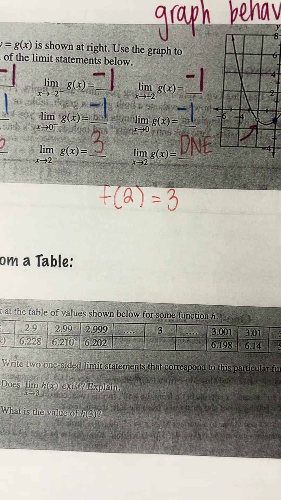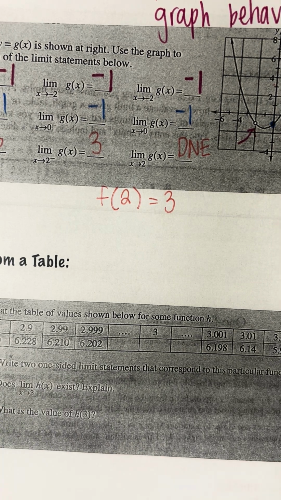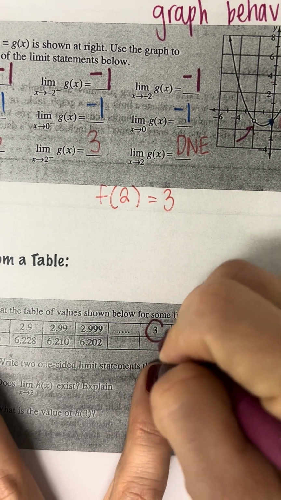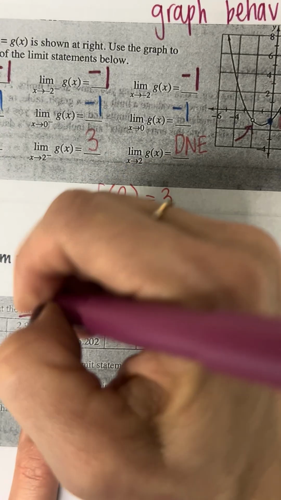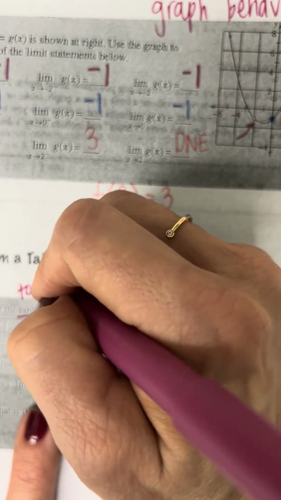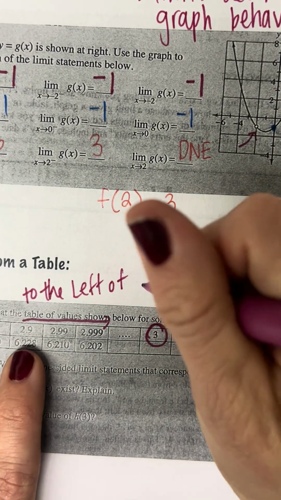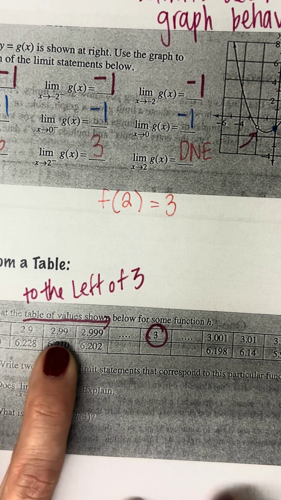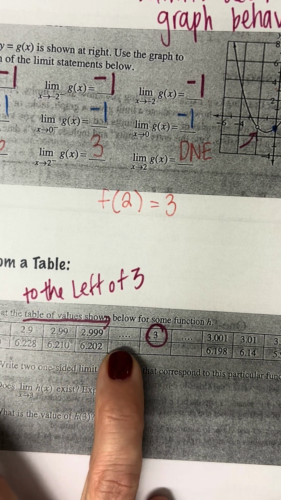Limits from a table, as I'm looking at this. I want you to just notice, I have a 3 in the middle here. And these values, hopefully you see, are to the left of 3. I'm getting super close to 3: 2.9, then 2.99, then 2.999. I'm almost at 3. I could keep going, 2.99999999999 forever.